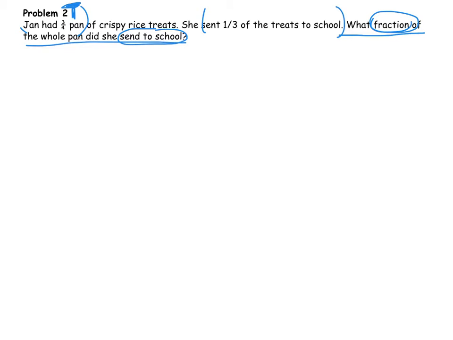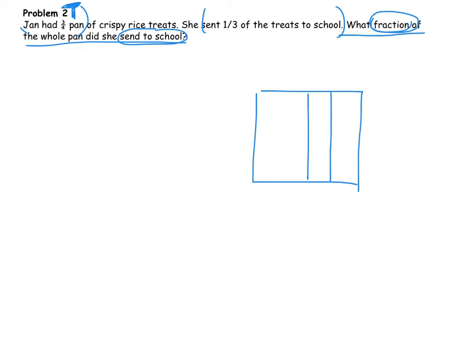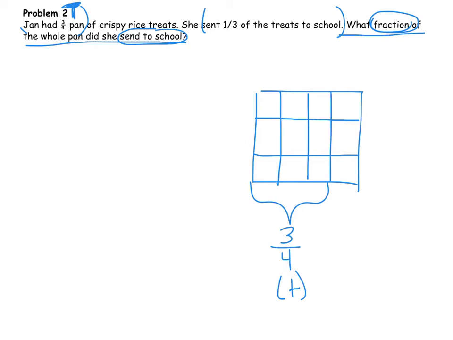So I know in my area model that I have 3/4. So here's my 3/4. So this is kind of like my total. And then I have 1/3 was sent to school. So thirds going this way.